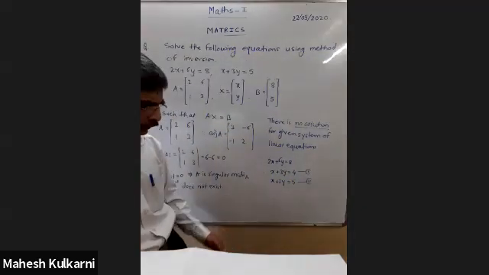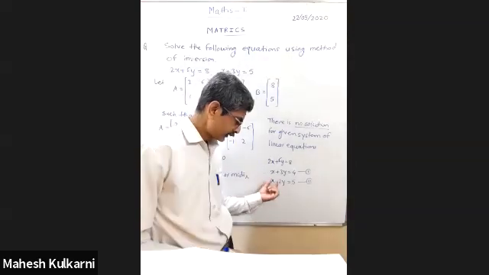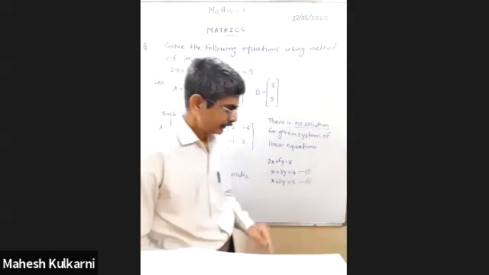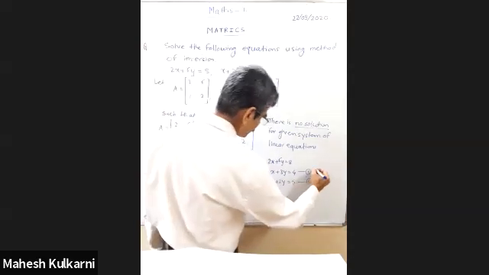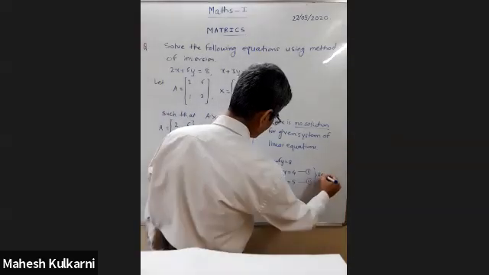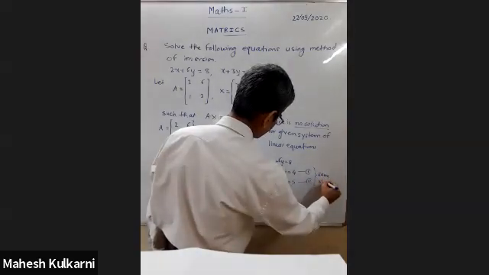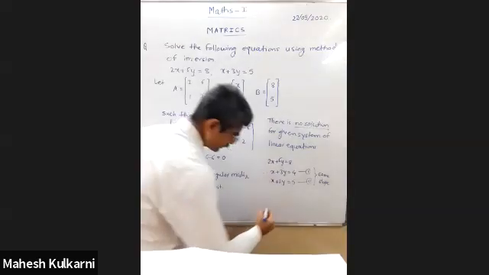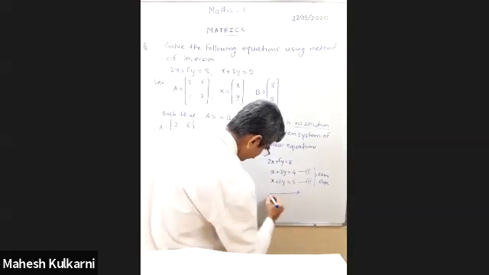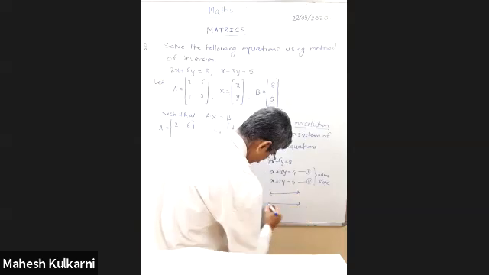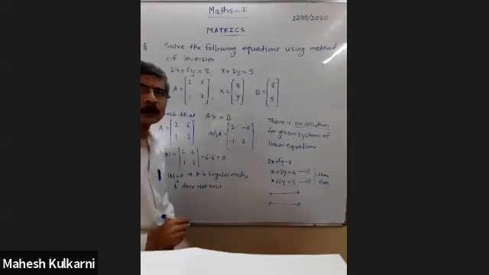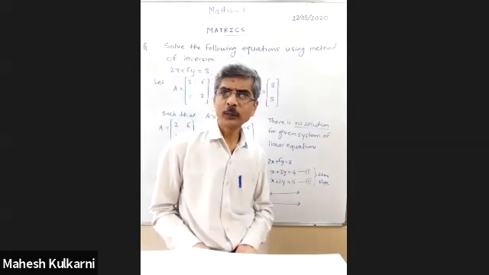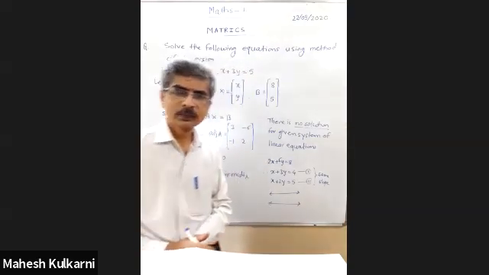If you observe carefully, these two equations are straight lines having the same slope. So these two lines are parallel to each other. And since they are parallel, there is no common point, no solution.